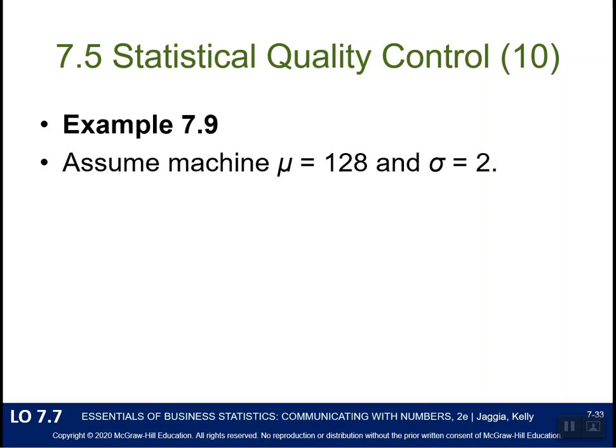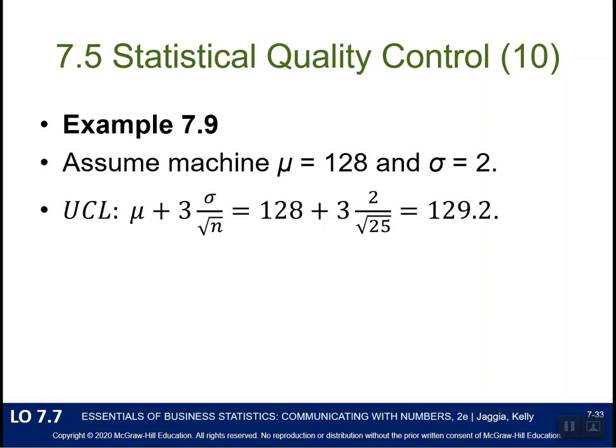First we need to calculate the upper limit. The upper limit is mu plus 3 times the standard error. Since the standard deviation of 2 is for the population, we have to calculate the standard deviation of the samples that we've taken.